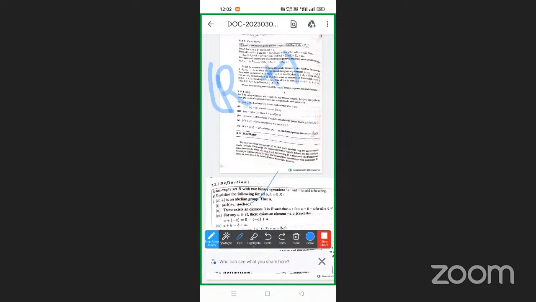Next, the third condition is identity. With respect to addition, the identity is 0.